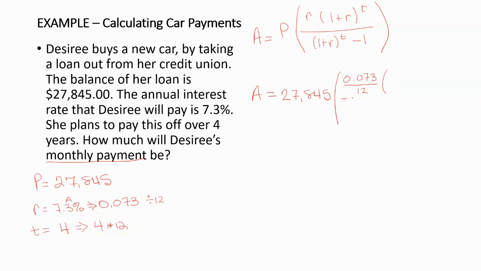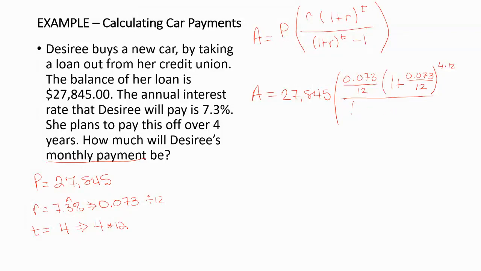That's multiplied times, put the big one in here too, 1 plus R again, 0.073 divided by 12, raised to, so we close that. T is 4 times 12.